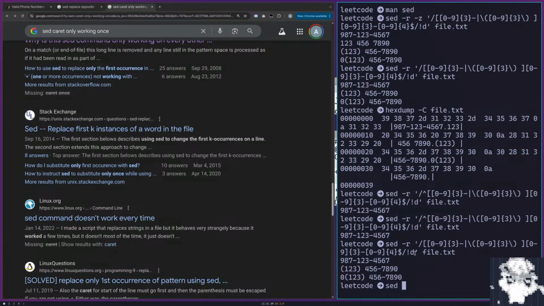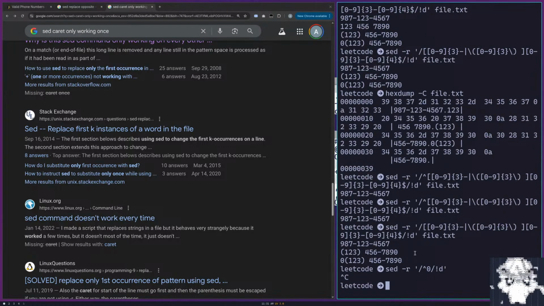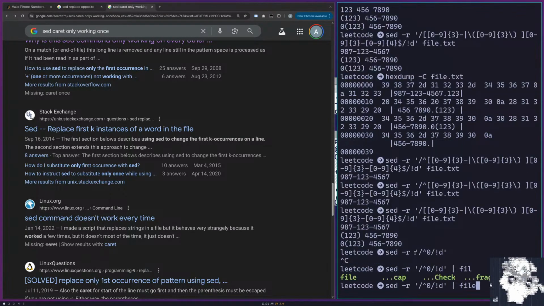What if I try something simpler? sed -r, caret, 0, delete the ones that don't start like that. Oops, and then from file.txt.